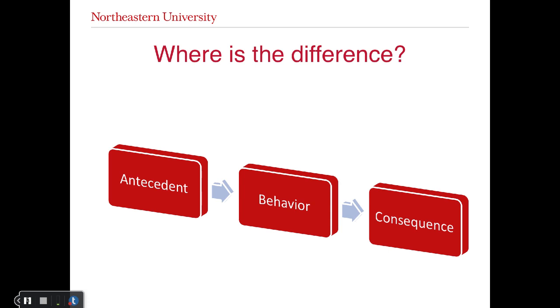Remembering that consequences can come in many forms, antecedents can come in many forms. But the first thing you want to be able to do is ask: is this something that affects behavior because of what happens before it? Or is this something that affects behavior because of something that happens after it? Again, as a lot of this semester has been, it seems like we're breaking things down into really simple components, but that's what makes the complex analysis complex, is that it's built on all of the foundation skills.